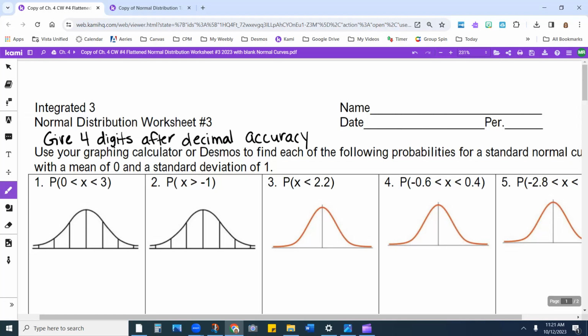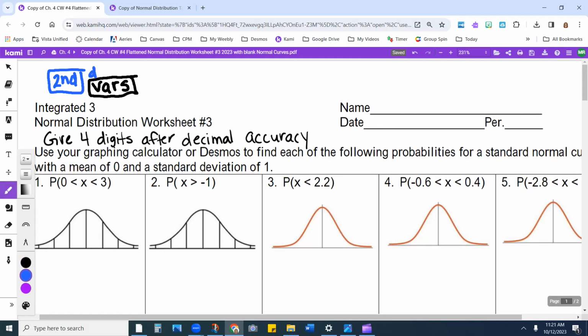To use the graphing calculators, our TI-84s, we're going to be looking for the blue second button, and then a button that has the word VARs written on it. Above that button in blue, you should have DISTR for distribution.